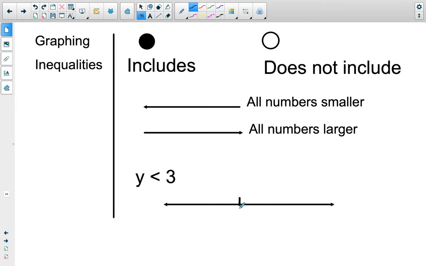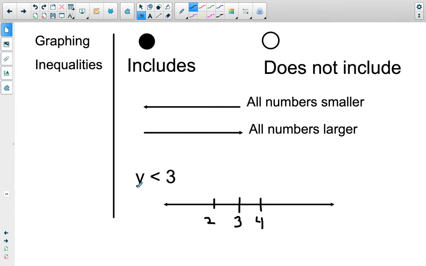What I usually do is write the number 3 on here, and maybe include one number that's larger than 3. Try to space them equally so it makes sense. And my next one should be one number less than the number we're talking about, 2 here.